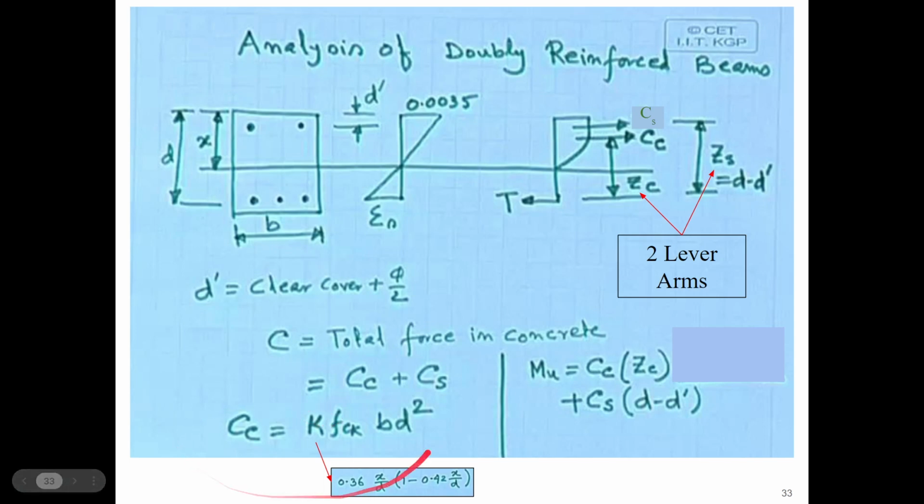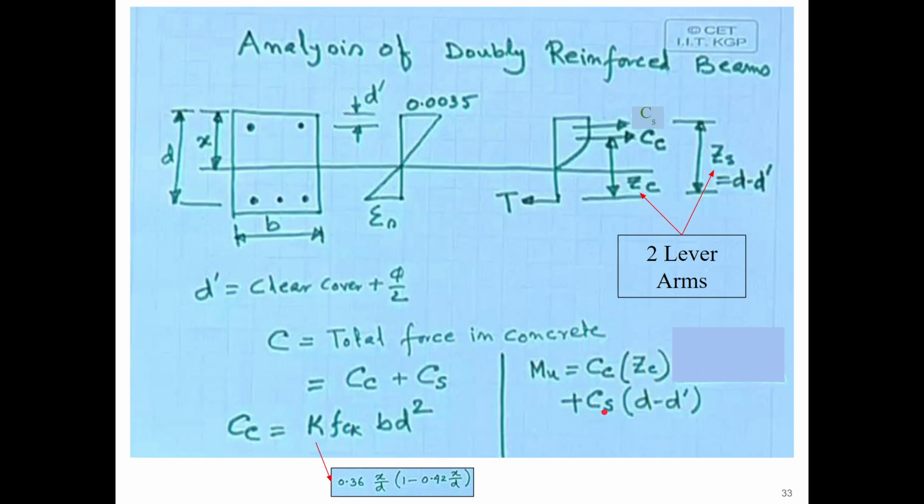So these were the values. That was Cc, and now there is one more term, which is Cs. So the moment is Cc into zc plus Cs into d minus d prime.